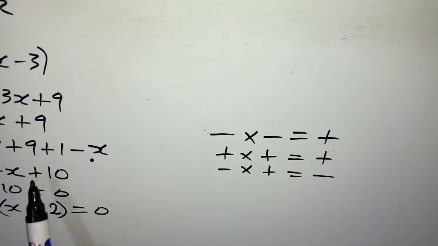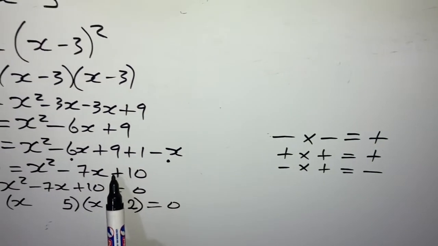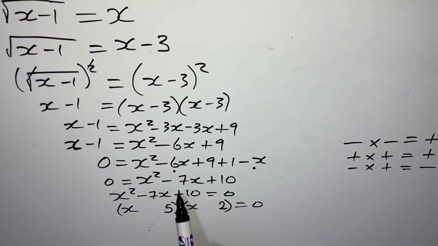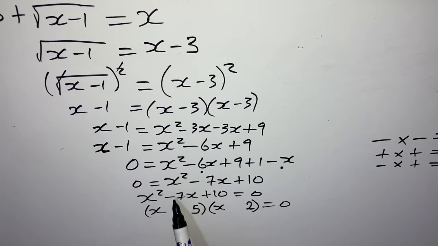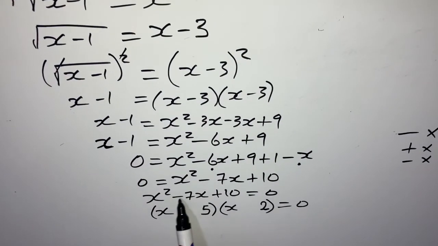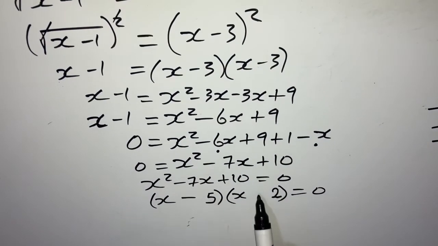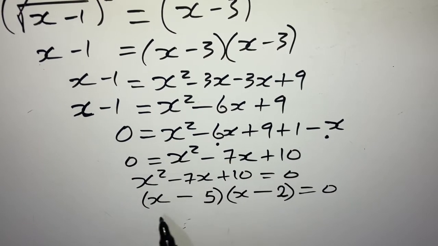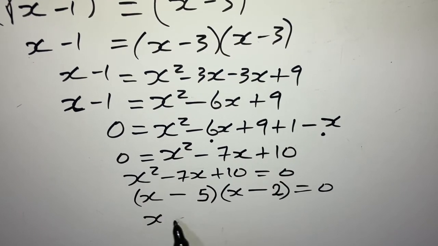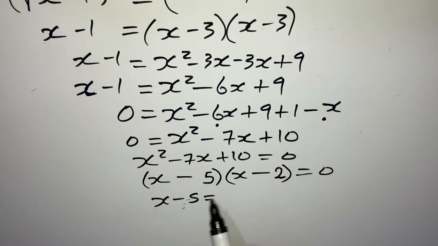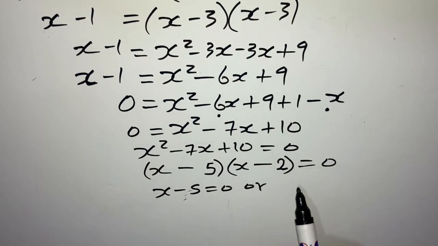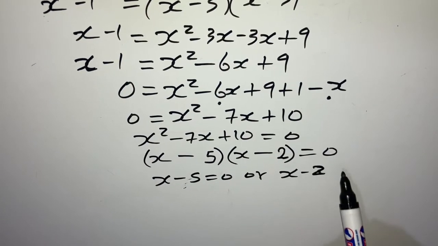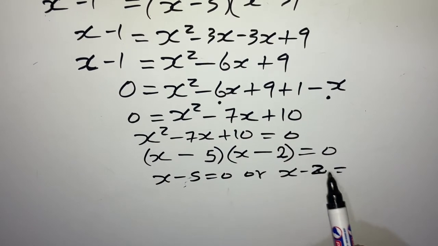So in this instance, our C is positive, meaning that my signs are to be the same in the brackets. But which sign is that? It's the sign of the middle term. My middle term has a negative, so my signs are both negative. Then from here, we say x minus 5 equals 0, or x minus 2 equals 0.